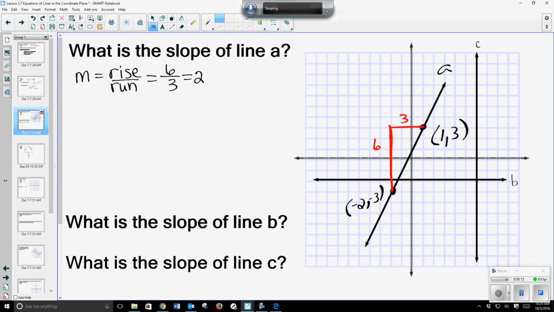We can also use the slope formula. We would have to use the 2 points here. It doesn't matter which one is point 1 and which one is point 2. So I want this to be point 1, x sub 1, y sub 1, and this one to be point 2, x sub 2, y sub 2.